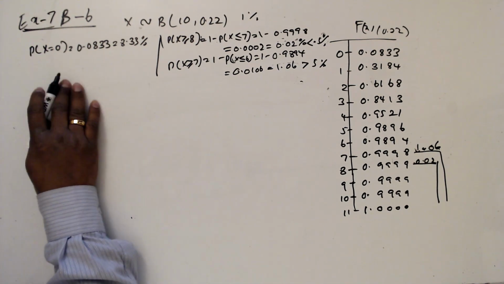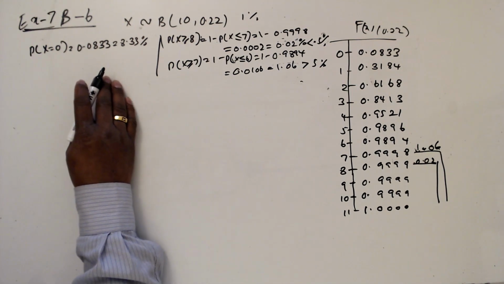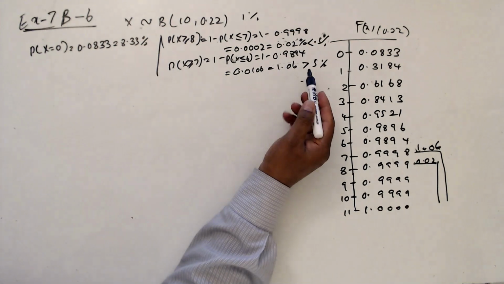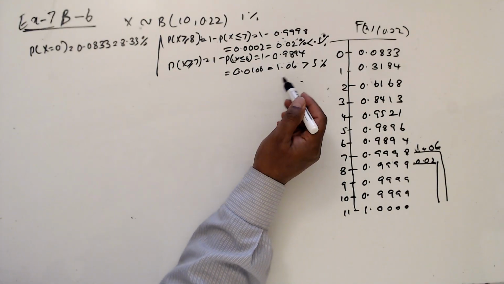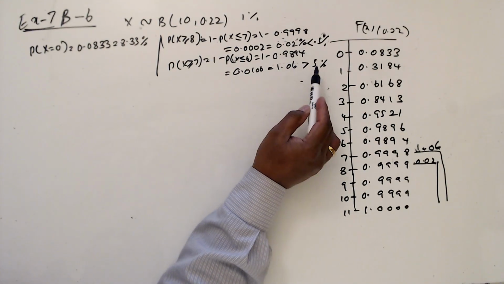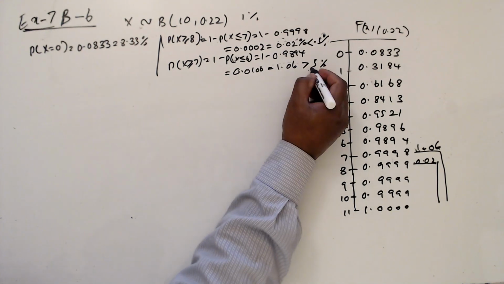We can't consider anything there because it is very far. And then the upper tail. One is smaller, the other is greater than 0.5.